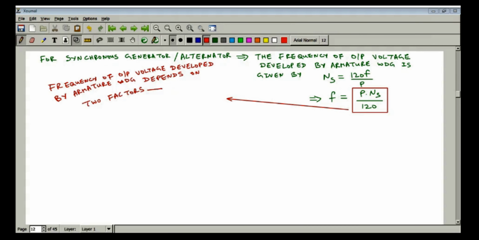What are the two factors? Number one is the speed of rotor. Number two is the number of poles. So these are the two things which you can see from the formula: the frequency of output voltage developed by the armature winding depends on the speed of rotor and the number of poles.